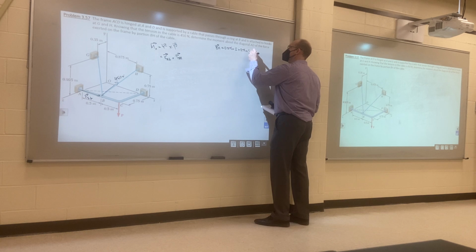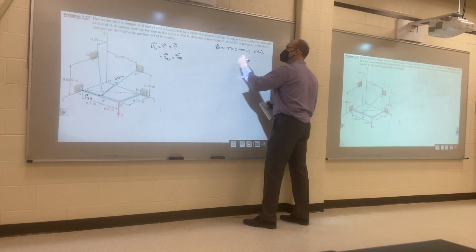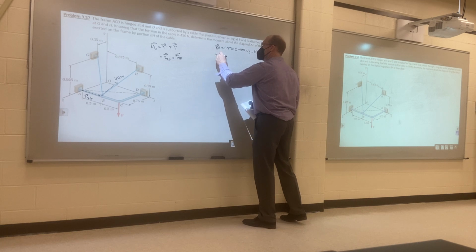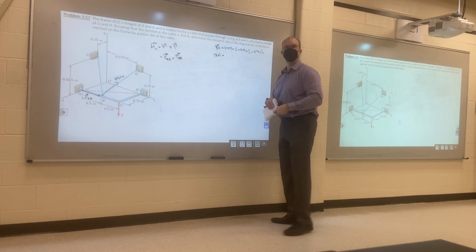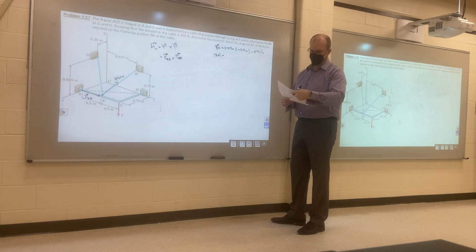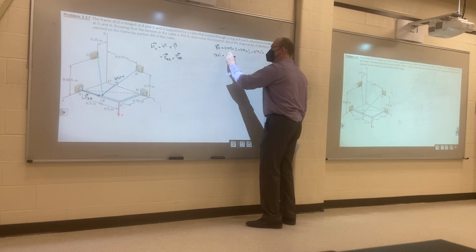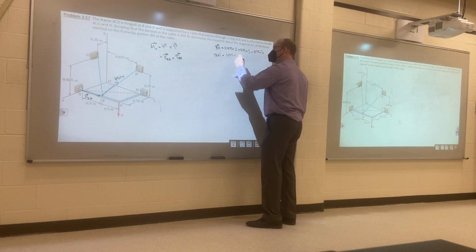That's from BH. Find the scalar magnitude. This is all the same stuff, right? We just keep doing it over and over again. 1.125 meters.